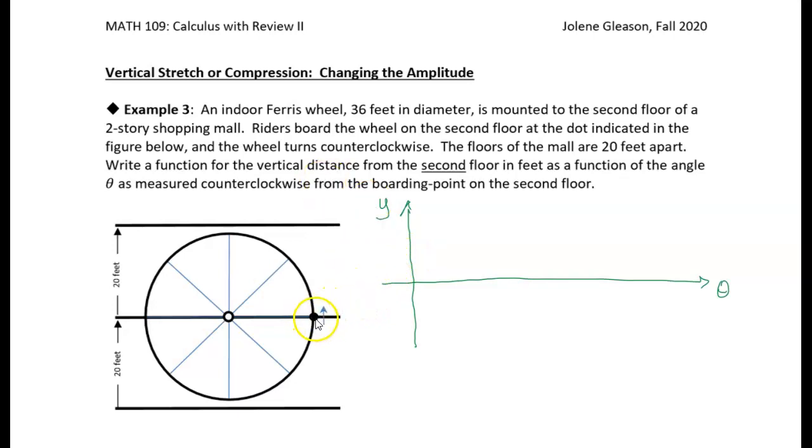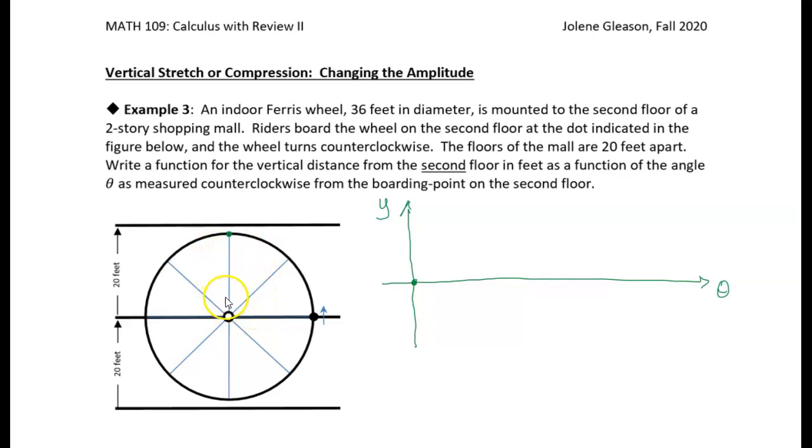second floor. You can see that when we board here, we are at an angle of 0 because the way we've set this Ferris wheel up, we're starting at theta equals 0. And then as we move around the Ferris wheel, when we're up here, we're at pi over 2, right? The angle is pi over 2, or 90 degrees.